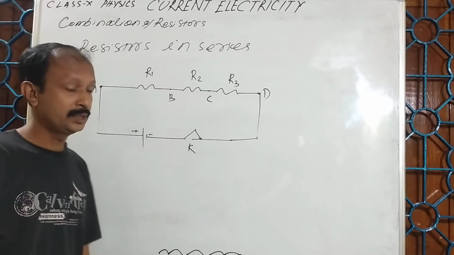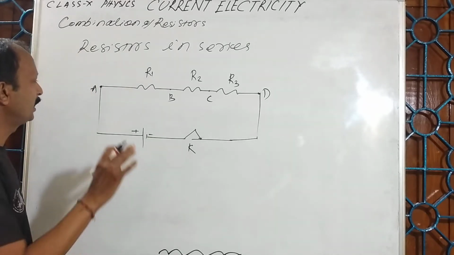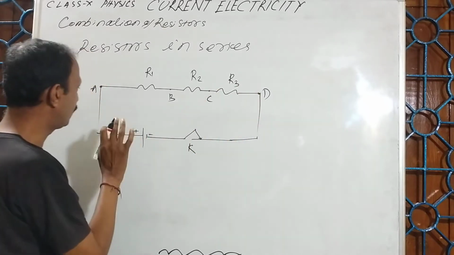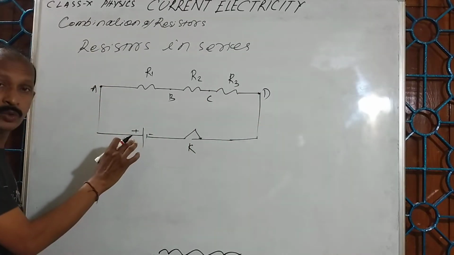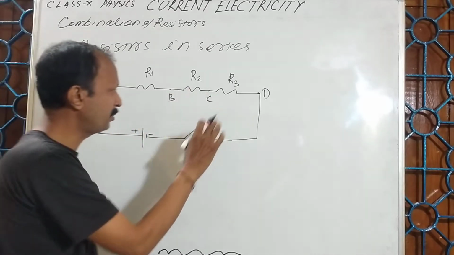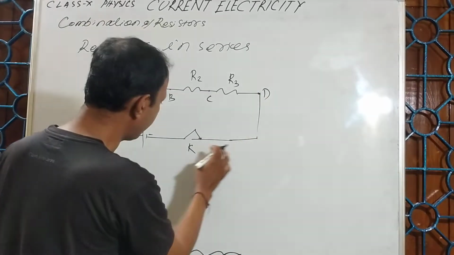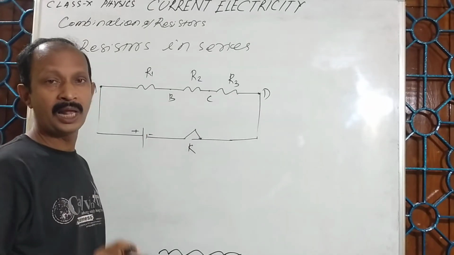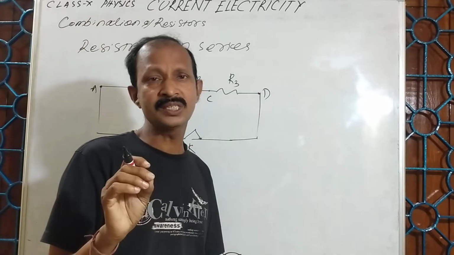So I can say that a potential difference is maintained between the point A and D, because A is connected to the positive terminal or higher potential. At the same time, the point D is connected through a key to the negative terminal or lower potential of the cell.